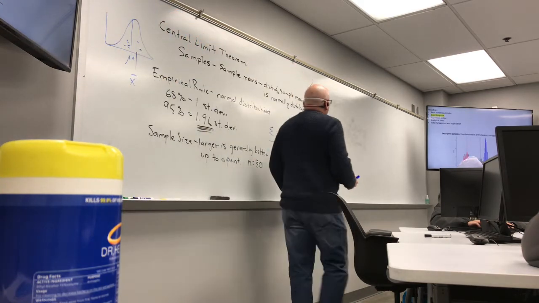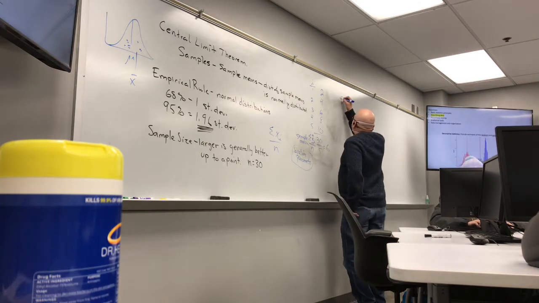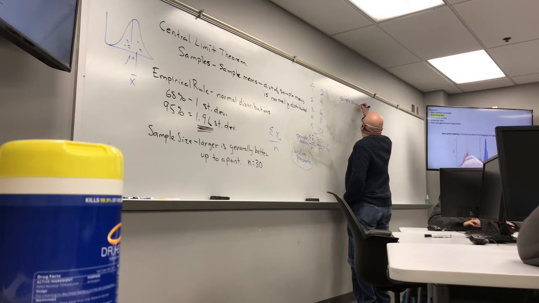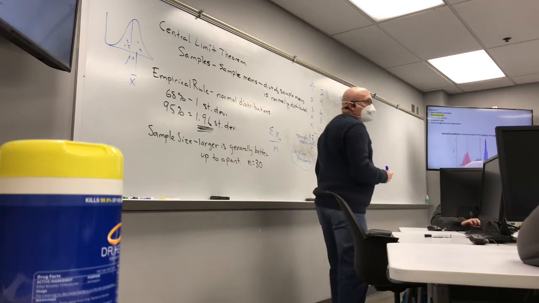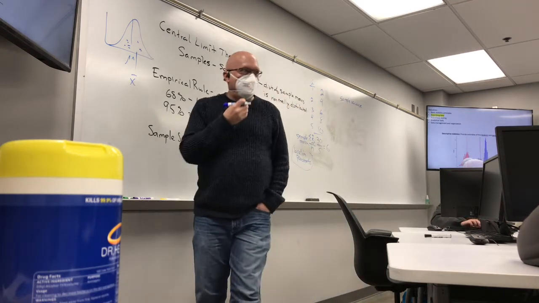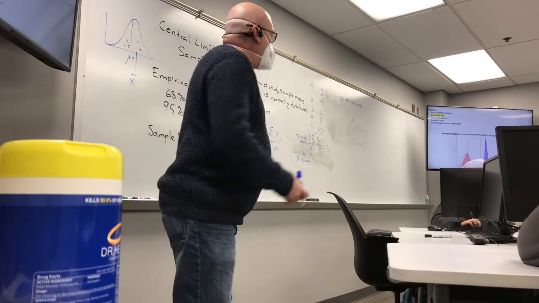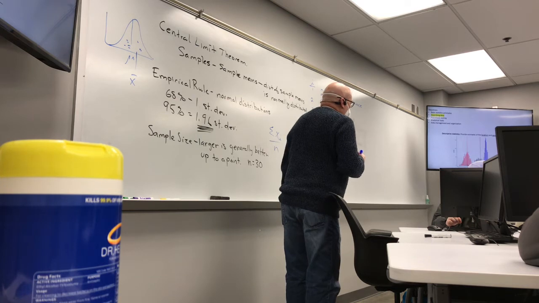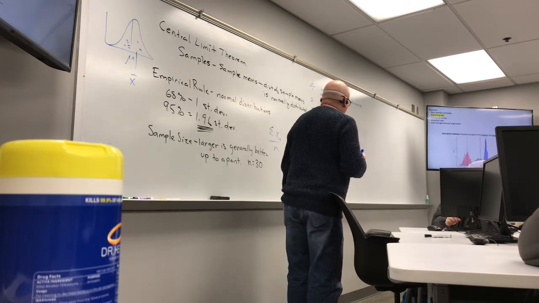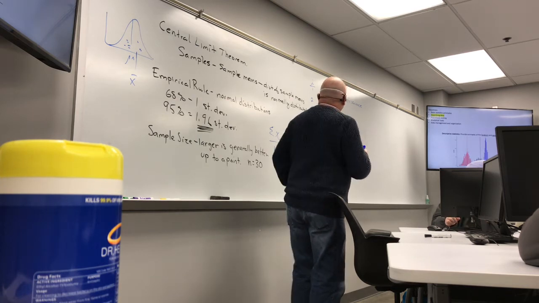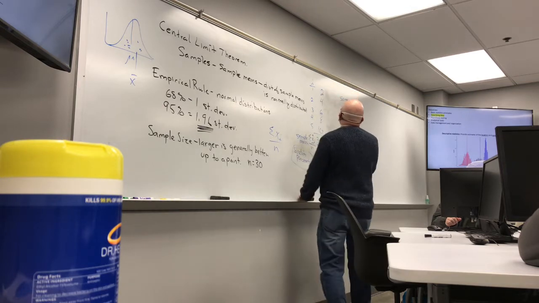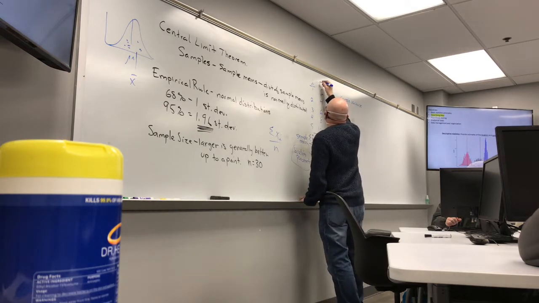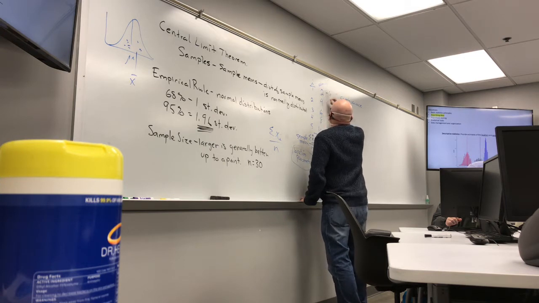So the next thing that we want to do is we want to calculate the sample variance. Does anybody know how to calculate sample variance? Yeah, Claire. Each of the samples and subtract. Yeah, okay, good. So what Claire just said is we take the original observations, and we subtract the sample mean.